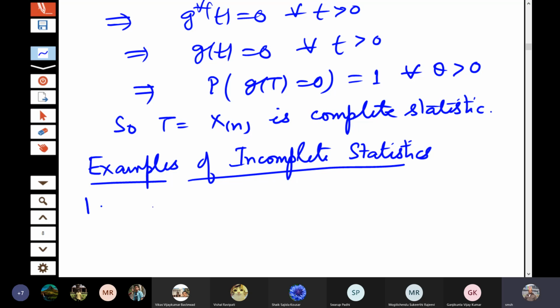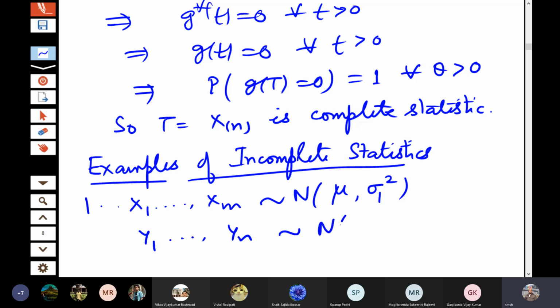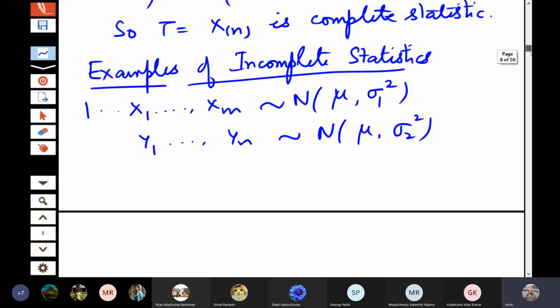So you remember the exercise which I considered in one of the previous classes, probably in the last class, when I considered two normal distributions. So x1, x2, ..., xm follows normal(mu, sigma1 square), y1, y2, ..., yn follows normal(mu, sigma2 square). The mean was common.